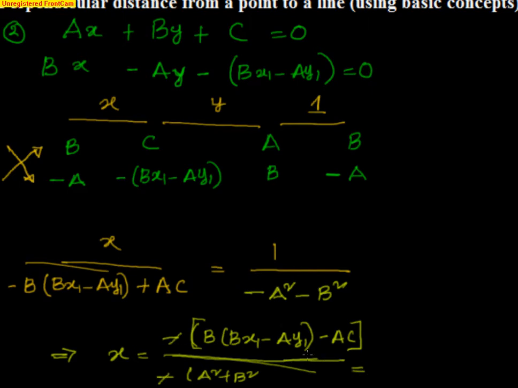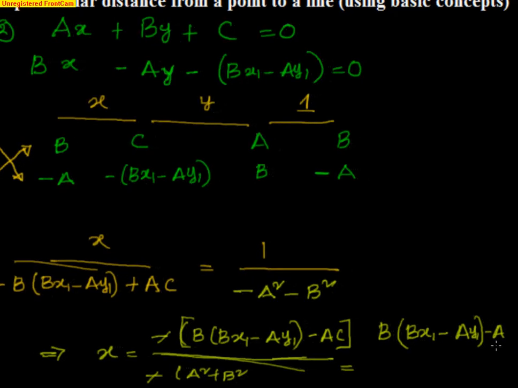So if I take minus common, this becomes b into bx1 minus ay1 minus of ac. Can I say that? Okay, fine.